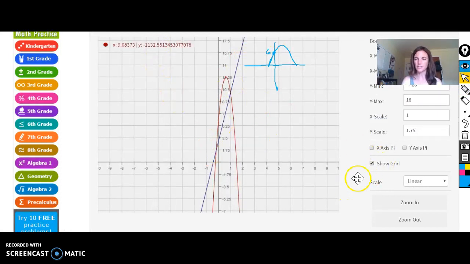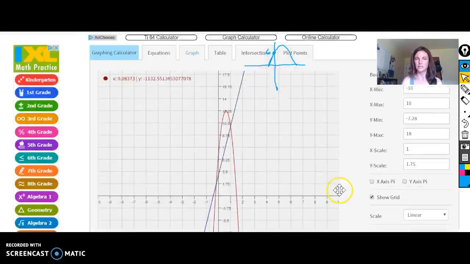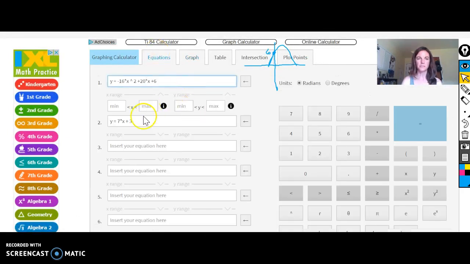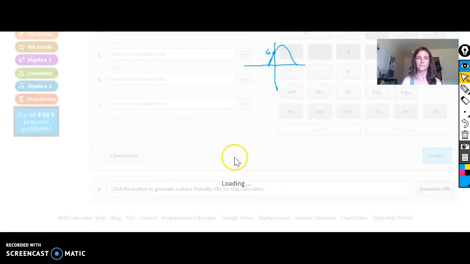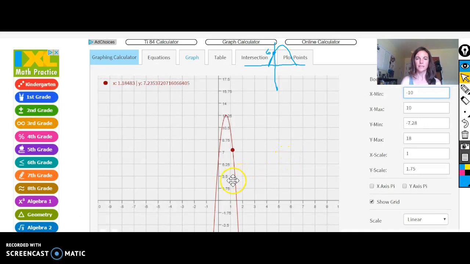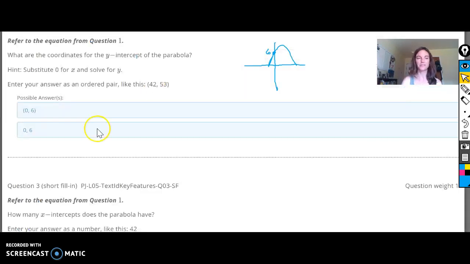And I'm going to go ahead and go up to my equations and get rid of this one. Okay, so you can see that we're crossing that y-axis here at about 6. Really, it's exactly 6. Okay, so hopefully that clarifies that.